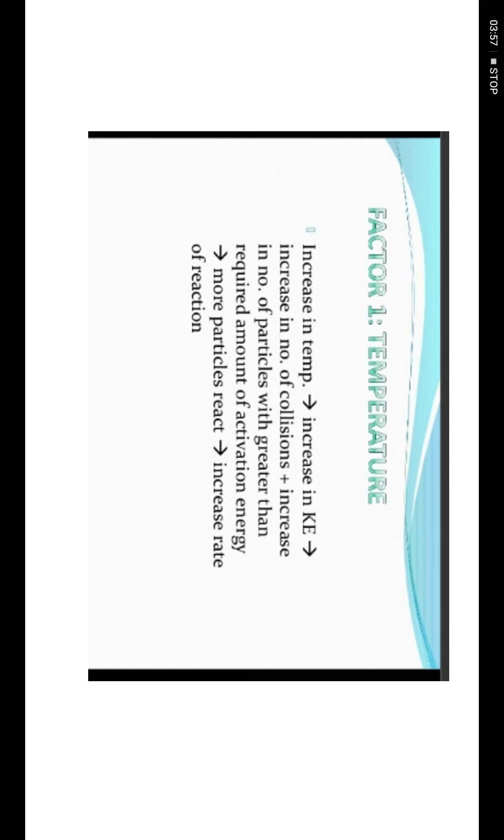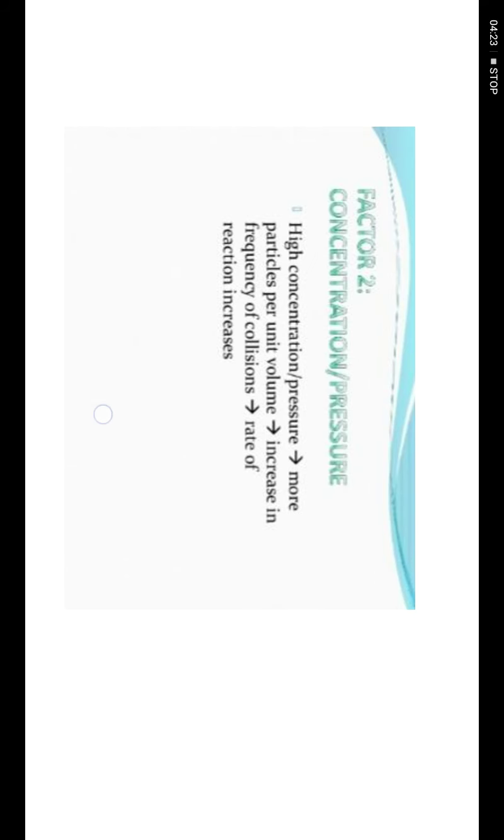With the increase in kinetic energy, the molecular collisions will be more, and therefore a greater number of molecules will achieve the activation energy. What activation energy is, we will study in later classes. Just know that the number of collisions will be more, so more particles will react, and therefore the rate of the reaction will increase.